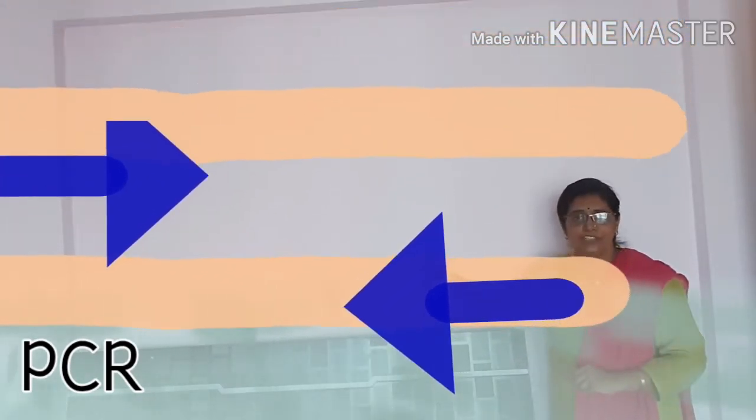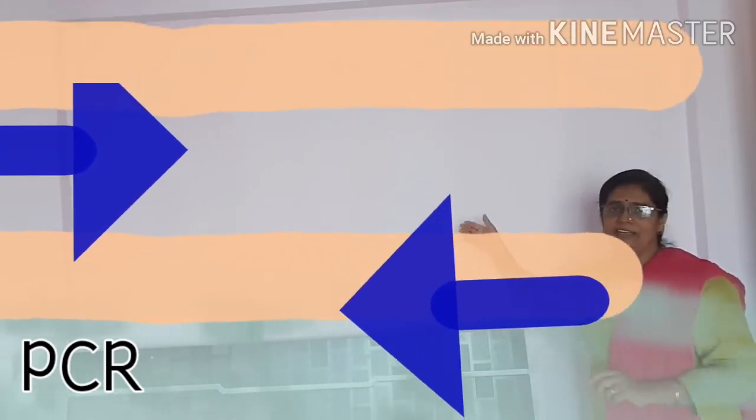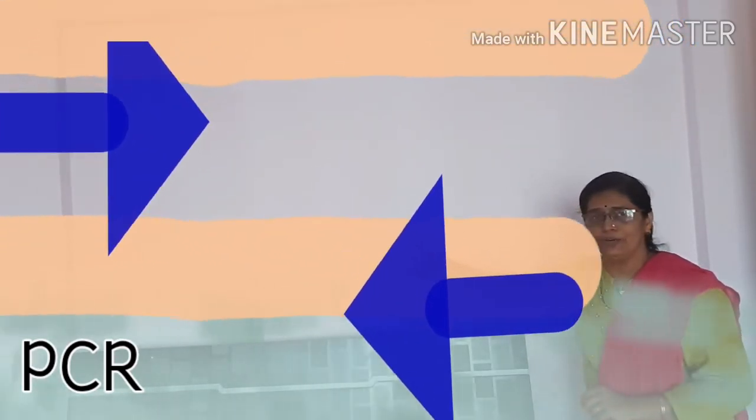Suppose G is present, then the complementary nucleotide is the nucleotide with cytosine. In this way the nucleotides are attracted one by one and the strand is extended. Both strands are extended, and that's why this step is called the extension process, or it is also called renaturation.